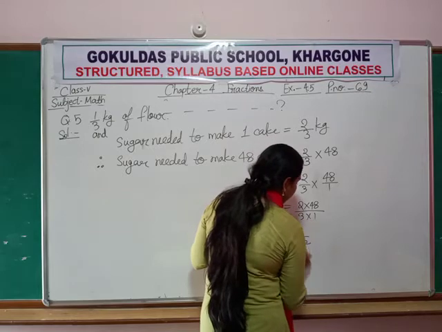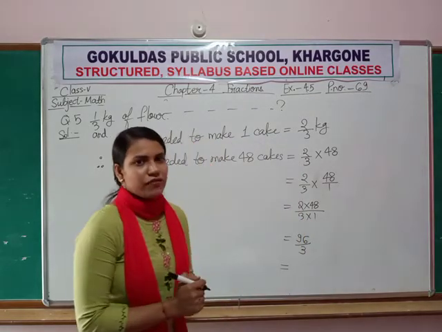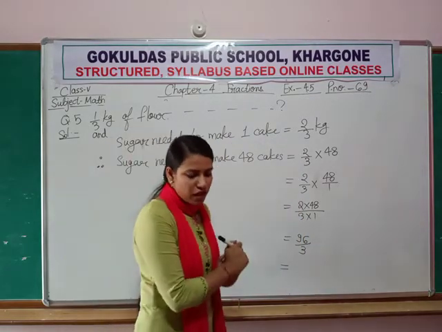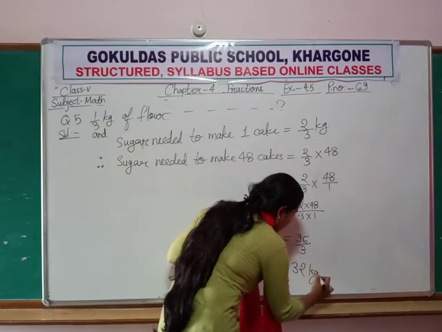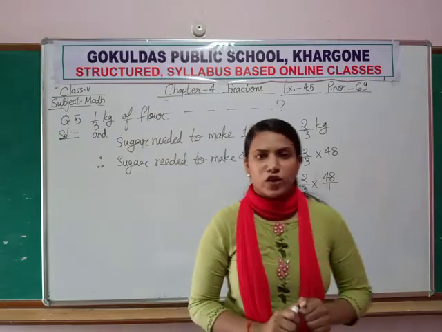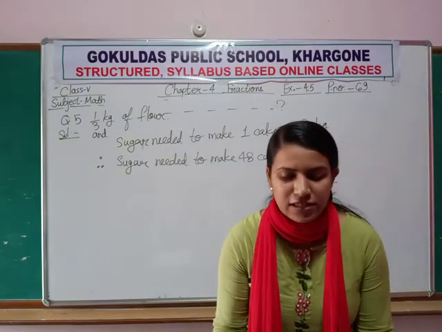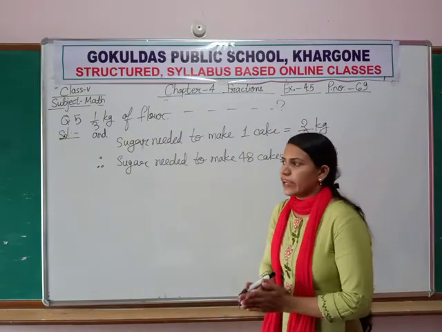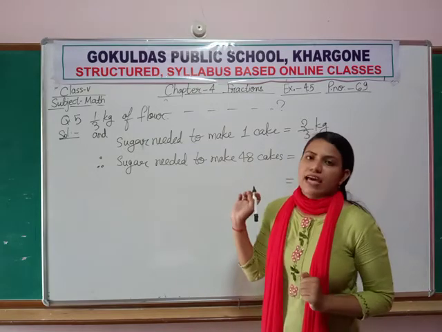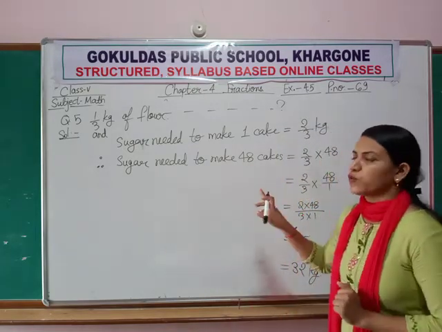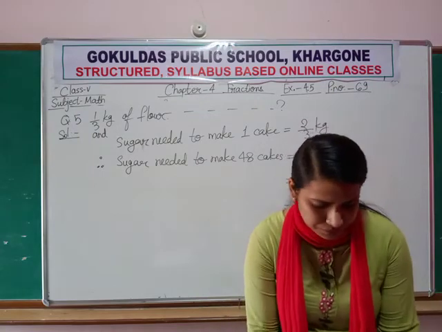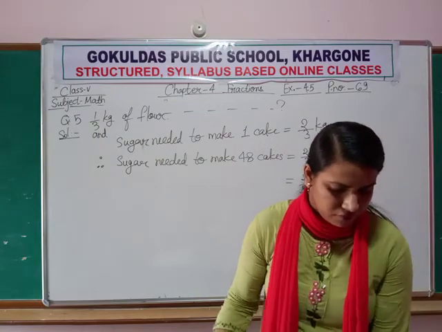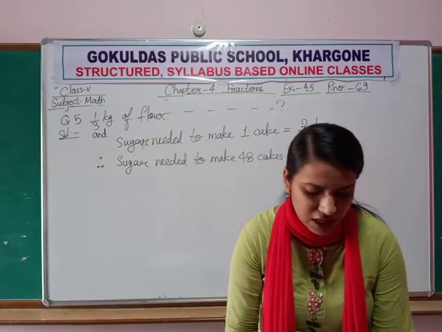When we reduce it to its lowest form, our result is 32 kg. So we conclude that 16 kg of flour is needed to make 48 cakes and 32 kg of sugar is needed to make 48 cakes. This question is covered here.